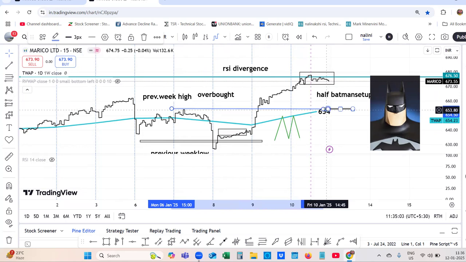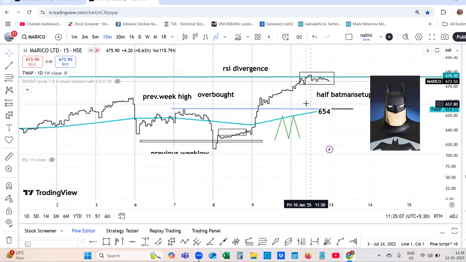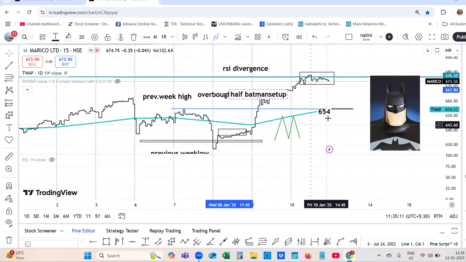So naturally, this will act as the support. Again, you can get some sort of trap setting over here, and you can reverse. You are not going for a reversal trade here. You are going for a short trade. So your entry target will be 654.